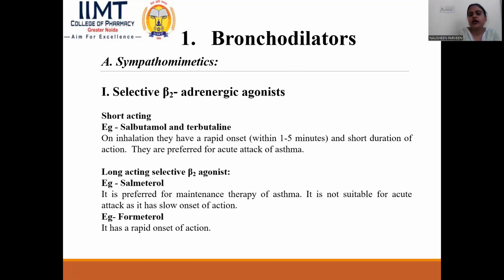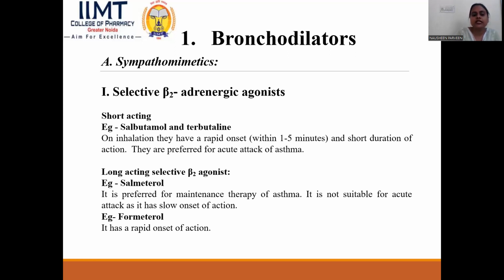They are preferred for acute attacks of asthma. Next is the long acting selective beta 2 agonist. An example is salmeterol, and its property is that it is preferred for maintenance therapy of asthma. It is not suitable for acute attacks as it has a slow onset of action.